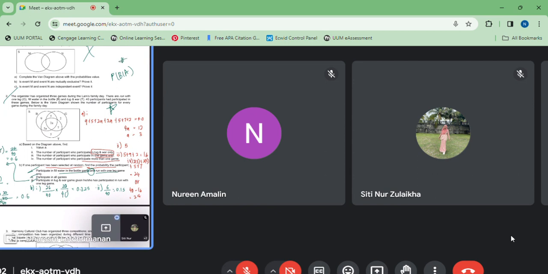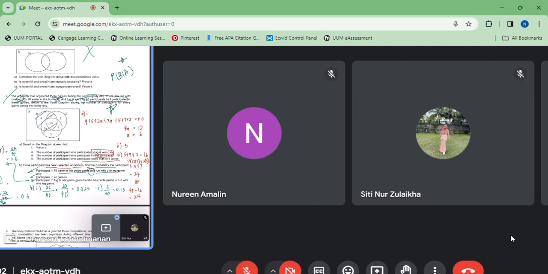So this one, they have 3 games. And then they run with one leg is called G. Fill water in bottle is B. Tug and war is T. So all together we have 40 participants. So as you can see, the question didn't say that this number of students did not join anything. So that's why behind here is empty.